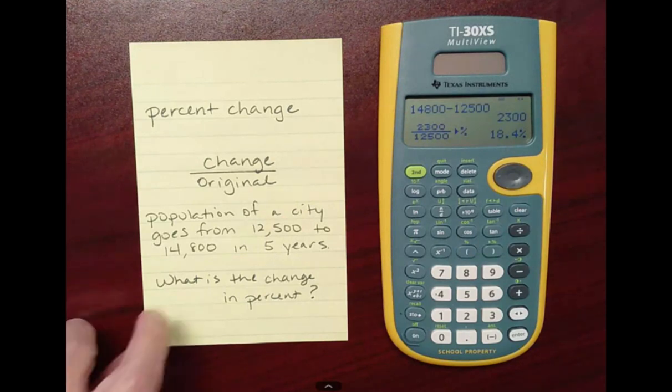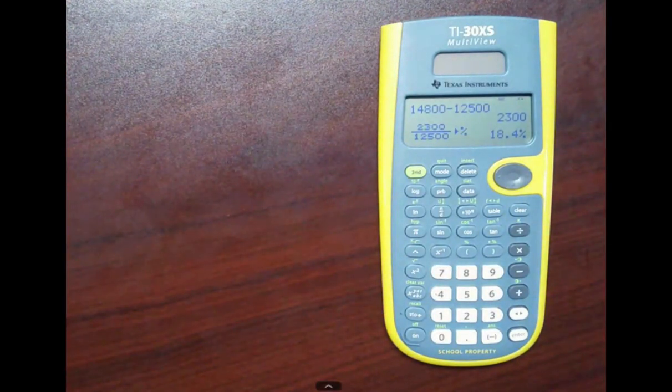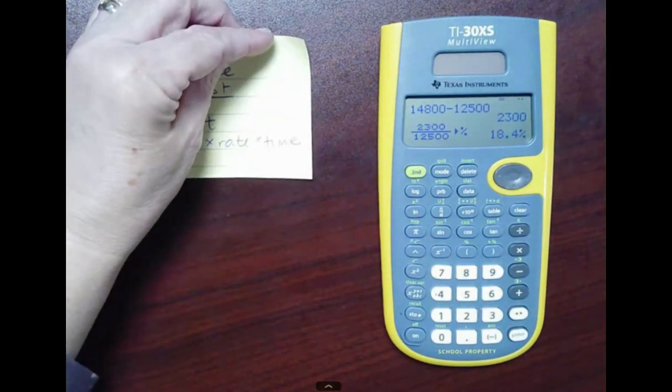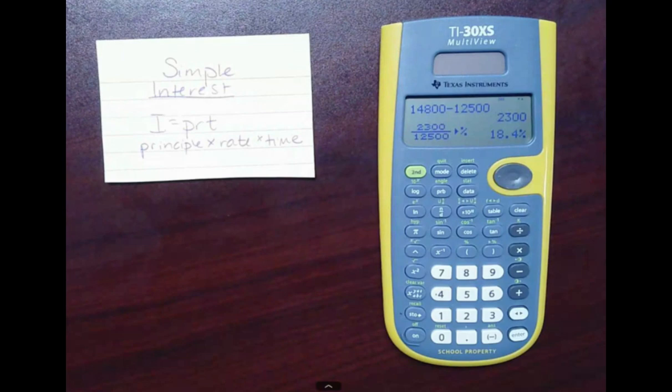Another type of question you might be asked about percents deals with interest. Now this formula is on the formula sheet. It's the formula for simple interest. And it is I equals PRT. Interest equals principal times rate times time.